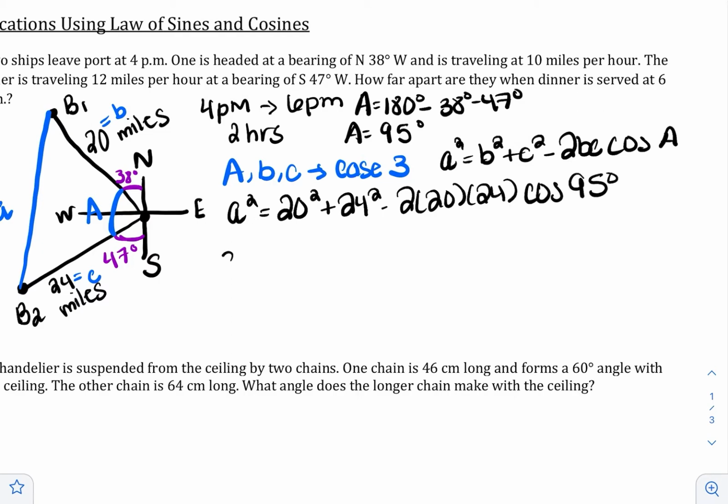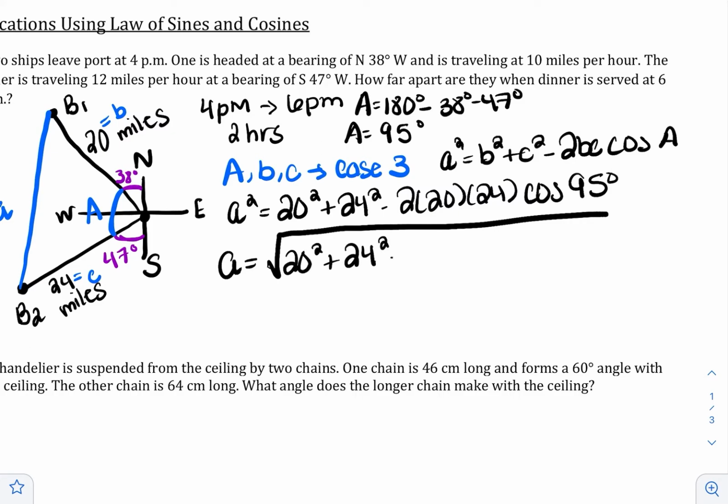Without a calculator, I don't expect you to start squaring these large numbers. So we're just going to take the square root of 20 squared plus 24 squared minus 2 times 20 times 24 cosine of 95 degrees. And this is important because it's an application: miles.